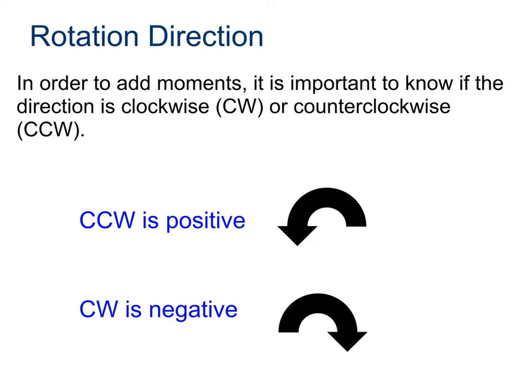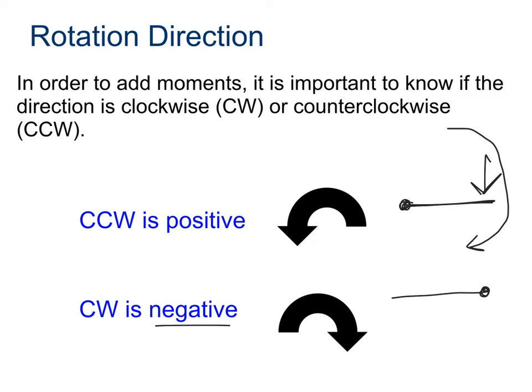So I said that rotation matters. So counterclockwise is going to become a positive number, and clockwise is negative. So we saw earlier that my pivot point was here and I had this force pushing down over here, that becomes a clockwise motion around this pivot point, therefore it is negative.